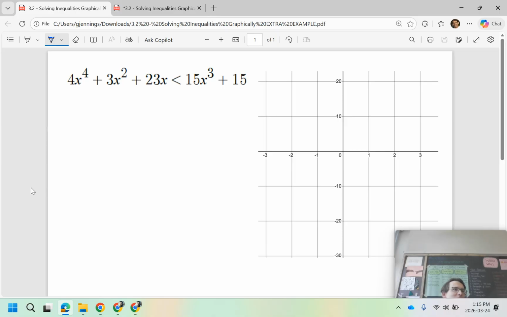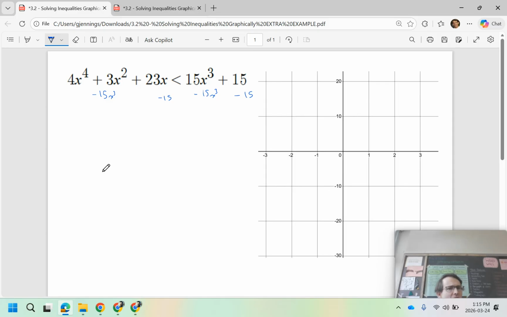I'm glad you said that because sending it to the left side is much nicer. But if we send it to the right side, then we'd have to divide by -1 and flip the inequality. Let's send it all to the left side. Okay, let's do it the easier way. So our first step is to take away 15x to the 3 and take away 15 from both sides. We have no like terms over there, so I'm just going to list it about where it's going to land. And we subtract from both sides of the inequality.